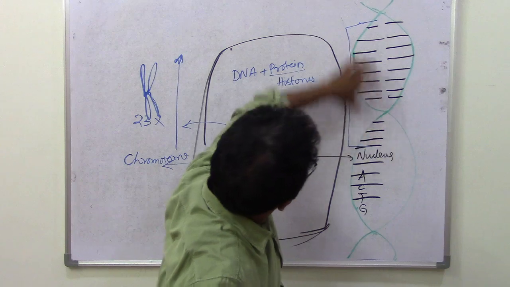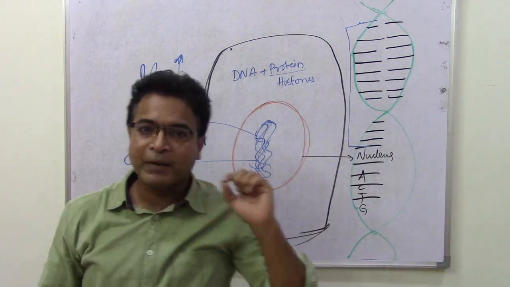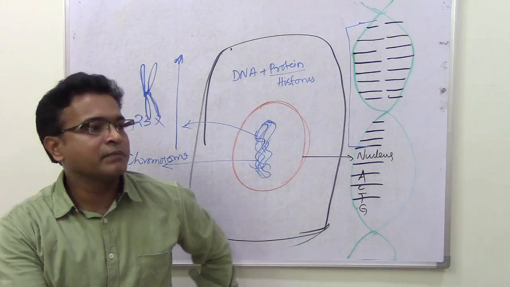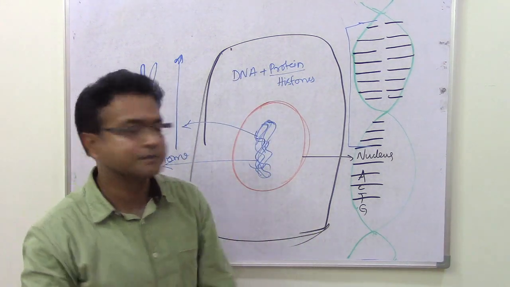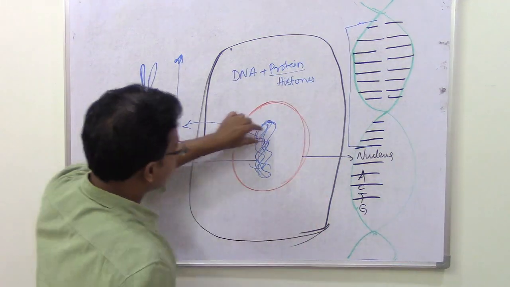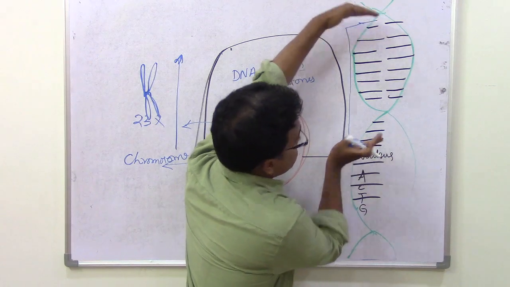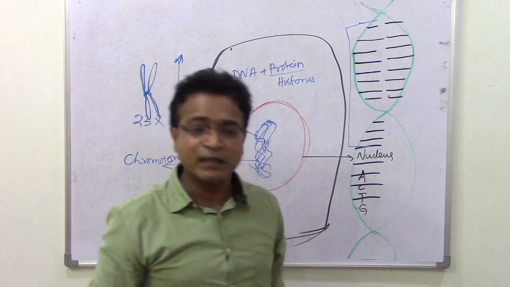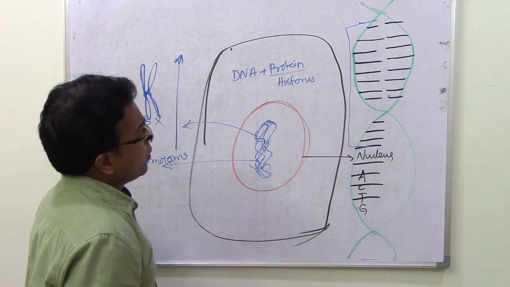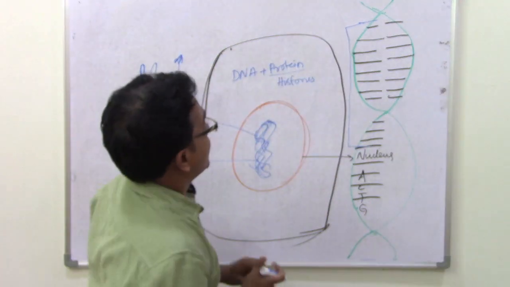If this particular length of DNA is determining a particular trait or characteristic, or producing a protein, this is called a gene. So a gene is a part of our DNA, of a certain length, coding for a particular protein or a trait.